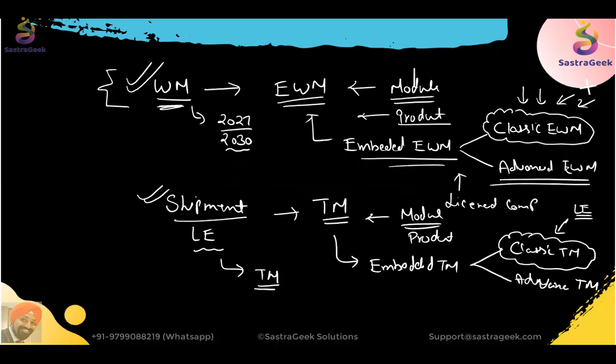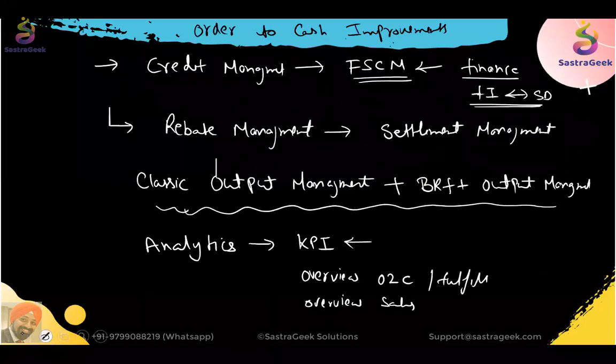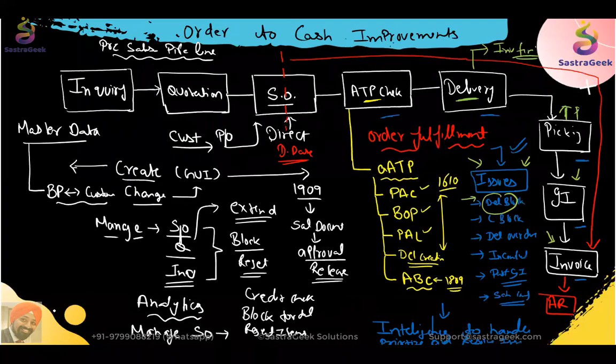In ATP also, there are two parts to it. ATP is not going to be sunset, so the existing ATP would still be there. It's an option that you can switch to the advanced ATP, AATP. You can switch to the logic of AATP. But whether ATP or AATP, the requirement will flow the way it earlier flowed to ATP; if you activate AATP, it will flow to AATP.